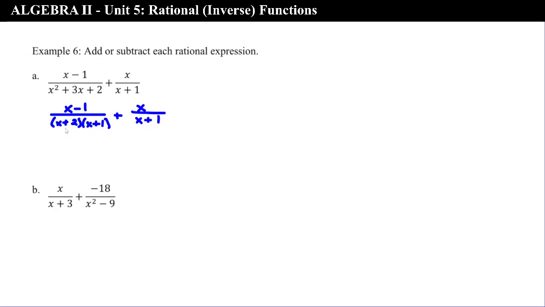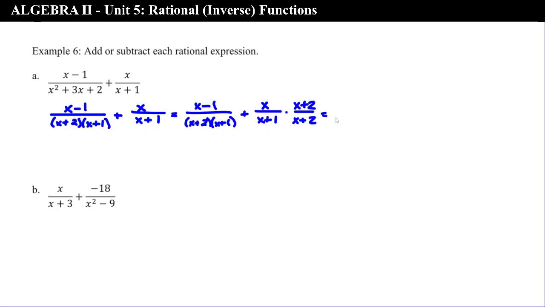It's just lacking the x plus 2. So from here, we're going to leave the first term alone in this step. And we're going to multiply the top and the bottom of the second term by x plus 2. So you've got x over x plus 1, and we're going to multiply it by x plus 2 over x plus 2.